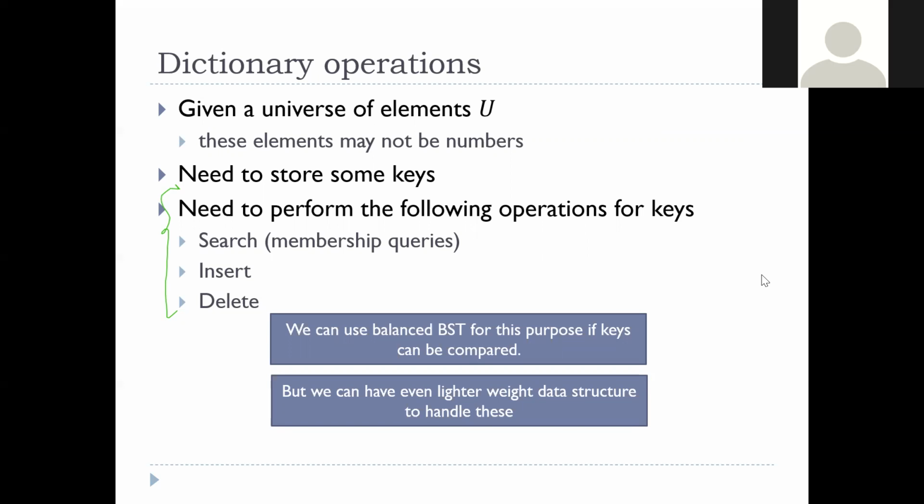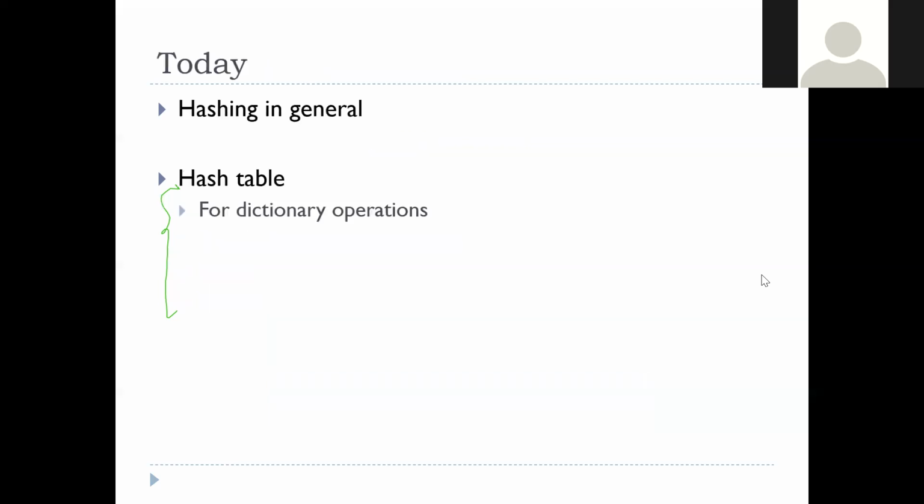For every node, you have to maintain the left child and right child, and you also have to make sure that the binary search tree property holds at any moment. And for the balanced binary search tree, you also have to do rebalancing to keep the height low. So it's not a super lightweight data structure. Can we have a more efficient way to handle it if these are all the operations that we care about? That's what we want to do today.